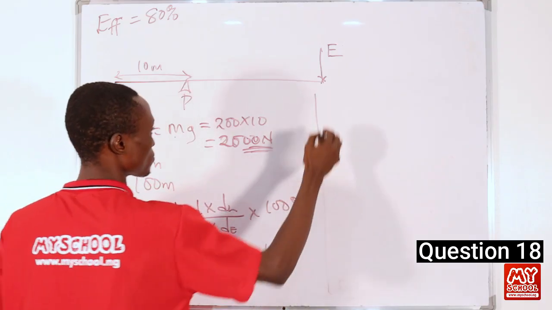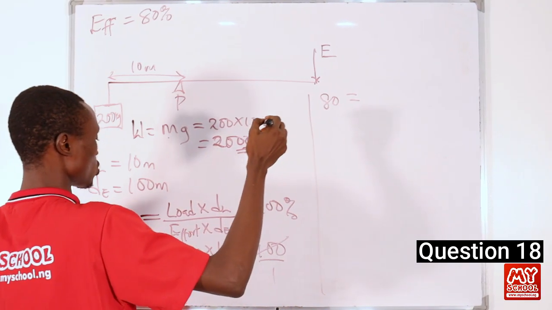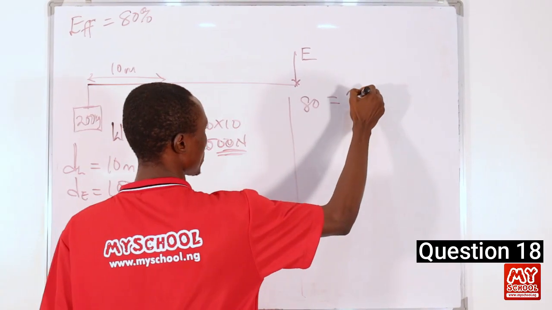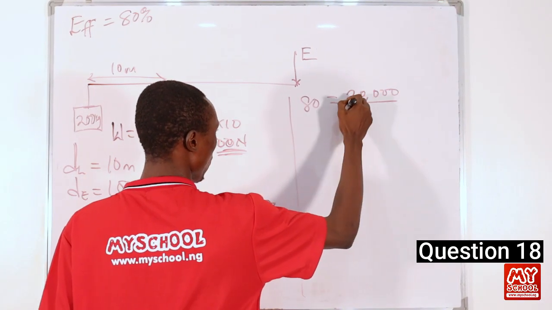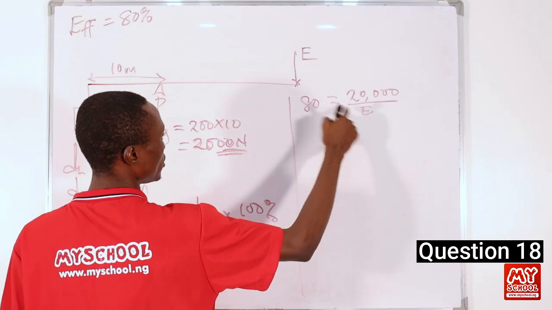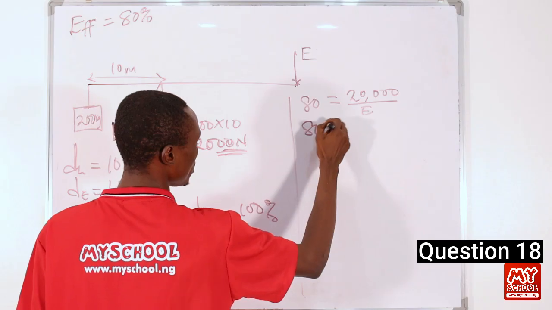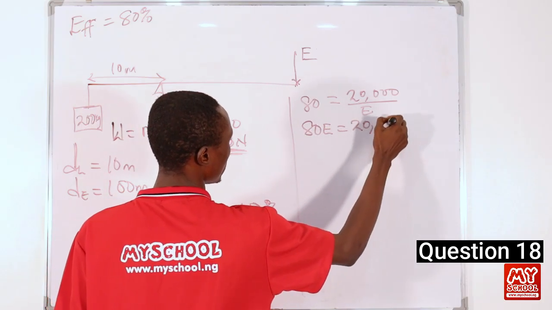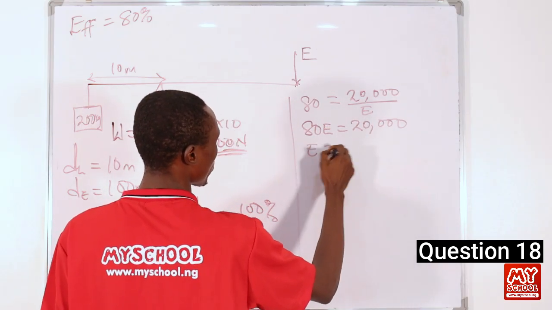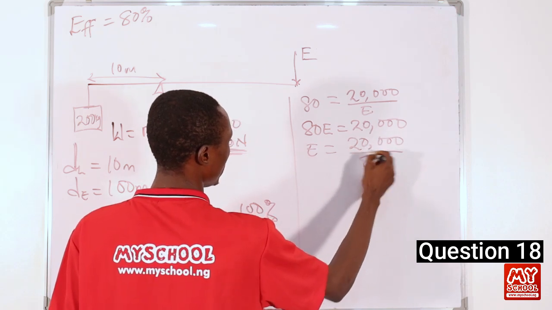So 80 is equal to 2000 times 10, which gives us 20,000, over E. So we just cross multiply. To get the value of E, we divide by 80. Cross multiplying, we have 80E is equal to 20,000. So E is equal to 20,000 divided by 80.